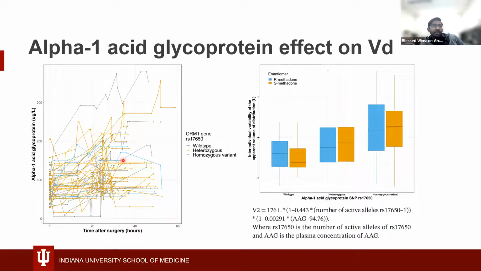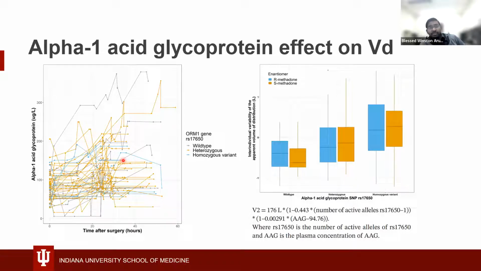So I think that there is no relation between the genotype and the inducible component, or the induction of alpha-1 acid glycoprotein. So we wanted to see whether they were independent before we put both together in the model. We added the concentration first, and we saw whether the effect of genotype on volume of distribution is reduced.